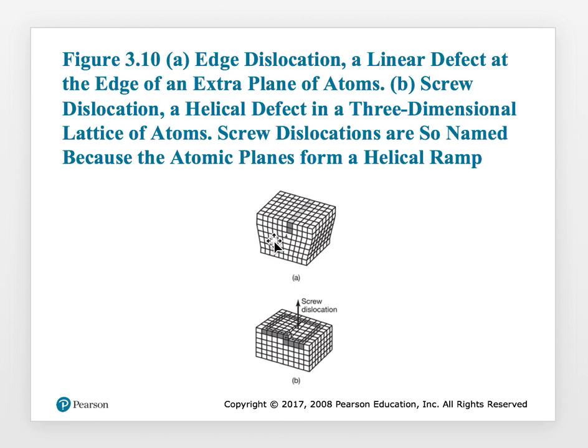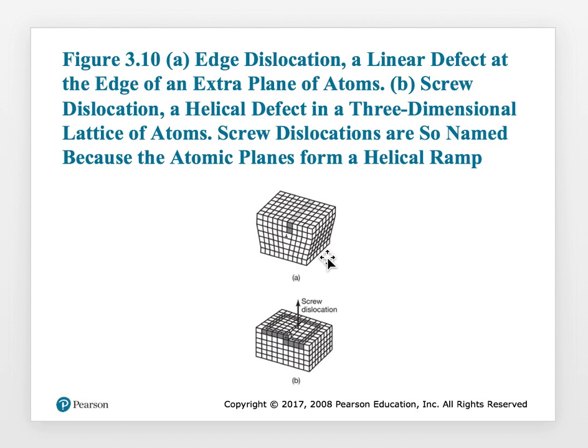Okay, so if you move this set of atoms over the other, then this defect can start moving from one position to another. So if you move this set of atoms, that extra plane of atoms will move from this side to this side.